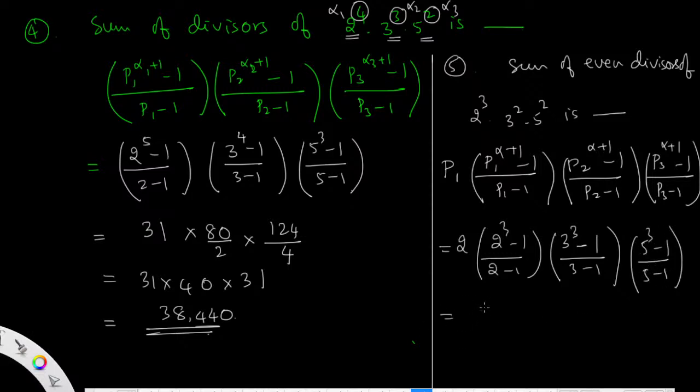So that is 2 into 7 into 26 by 2 into 124 by 4. The answer comes to 60451. This is the type of questions given.